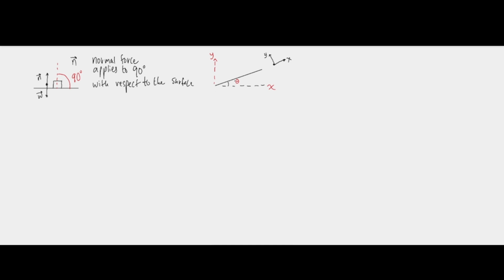But we're looking at this banked angle now, and we can see that according to this coordinate system, this line is horizontal from the x-axis perspective.